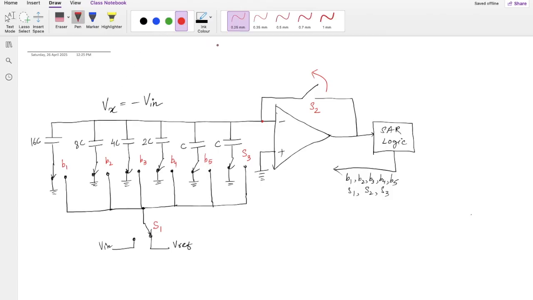The next cycle is called the bit cycling stage. In the bit cycling stage, the first thing we are going to do is change this switch B1 from 0 to 1.